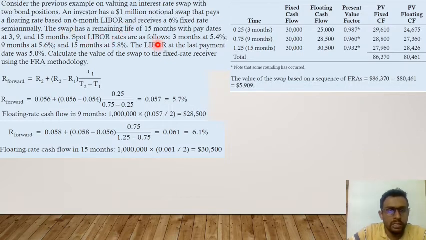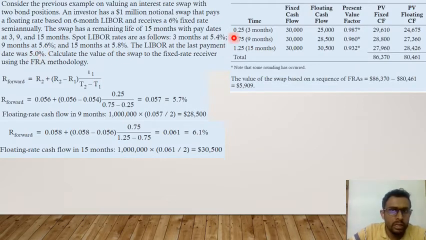Spot rates are 3 months 5.4, 9 months 5.6 and 15 months 5.8. The LIBOR at the last payment date was 5%. Calculate the value of the swap to the fixed rate receiver using the FRA methodology.